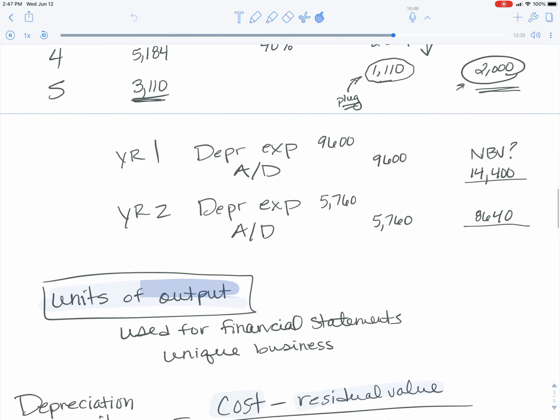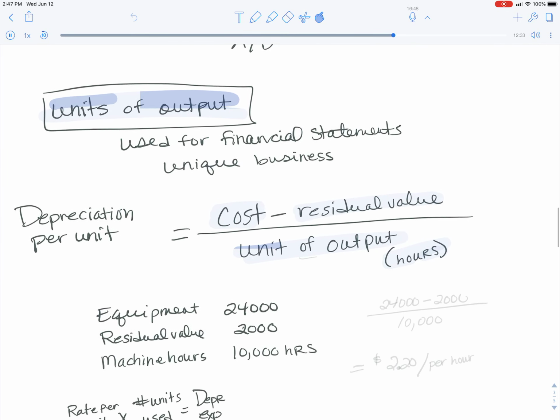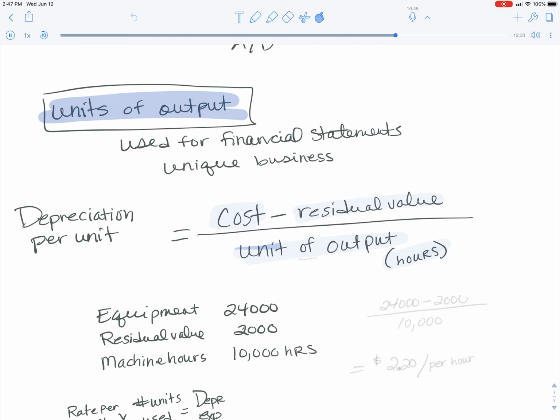The final method is called units of output. And this is often used for financial statements also, but for unique businesses that operate maybe a manufacturing plant, instead of cost of equipment over estimated useful life, it would make more sense to calculate depreciation on some unit of output.